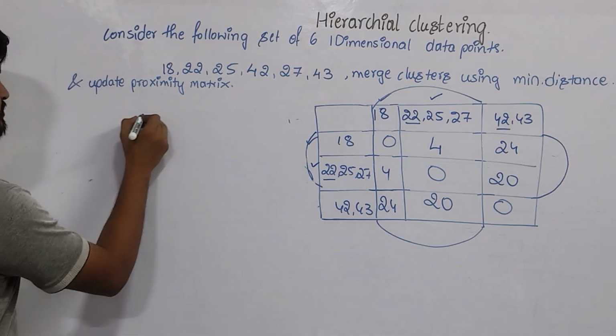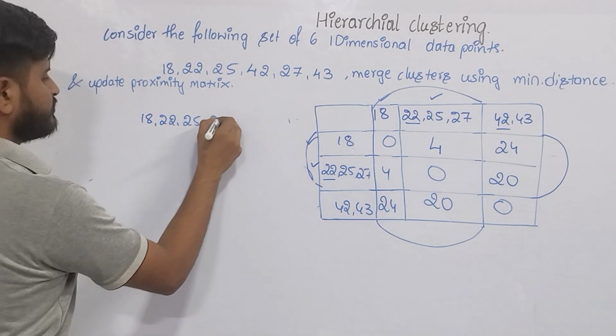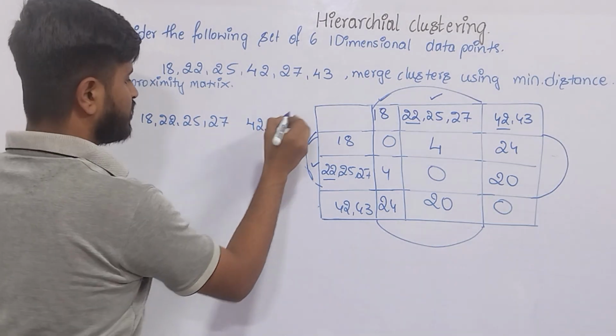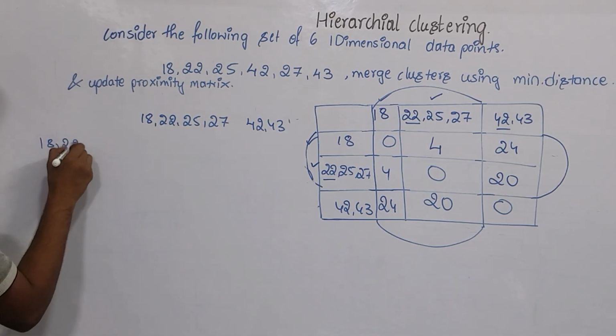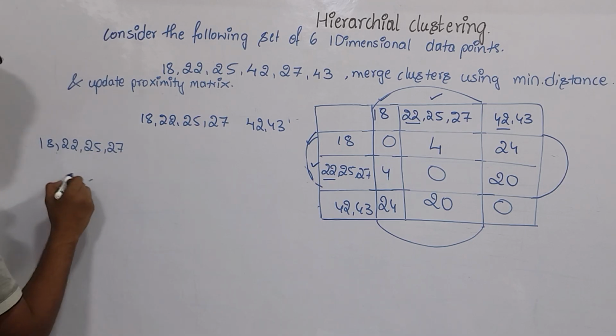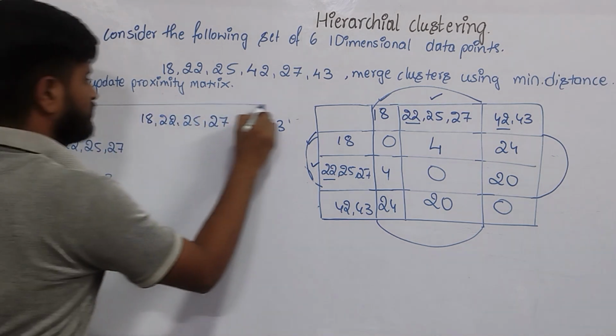Now if you combine, 18, 22, 25, 27 will be one cluster, and 42, 43 will be another cluster.